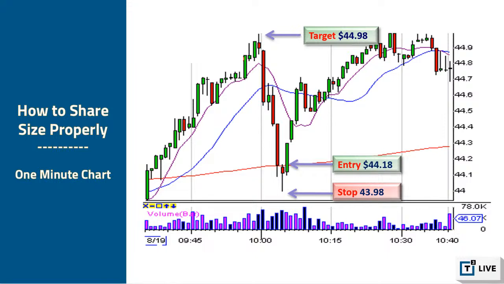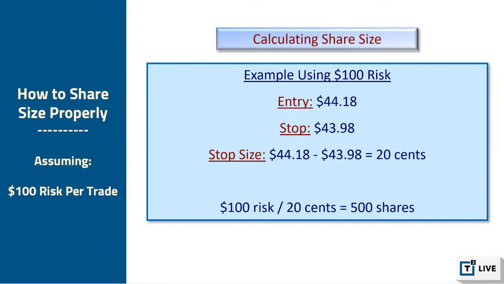So this is just an example of a pullback, a buy setup with a 20-cent stop. Entry at 44.18, stop at 43.98, and the target at 45. So here are the numbers. You figure out the stop size is 20 cents. Figure out how much you want to risk per trade, how much you're comfortable risking per trade.